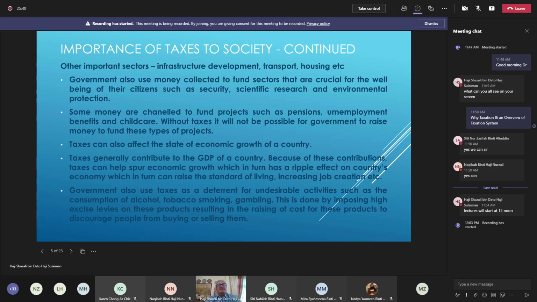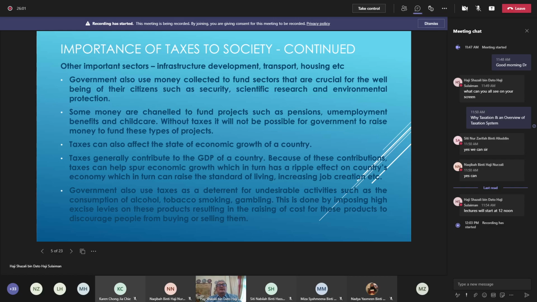Taxes can also affect the state of economic growth of a country. Sometimes you may want to reduce tax to encourage companies to plow back the profit into the business, to expand the business, so that they can provide employment opportunities. Taxes generally contribute to the GDP of a country.